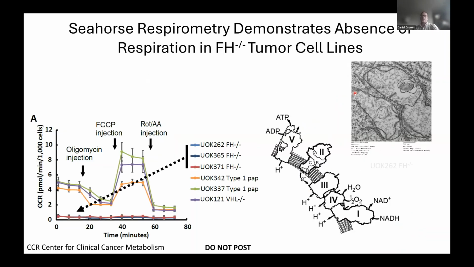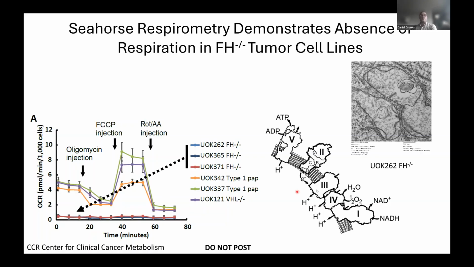The reason why this is interesting is looking further at these cell lines, when we look at respiration, this is a Seahorse assay. On the y-axis is respiration of our tumor cell lines, and the x-axis is time. And these 3 guys down here at the bottom aren't really respiring any detectable oxygen, whereas other tumor types, genetically defined tumor types, show some degree of respiration.